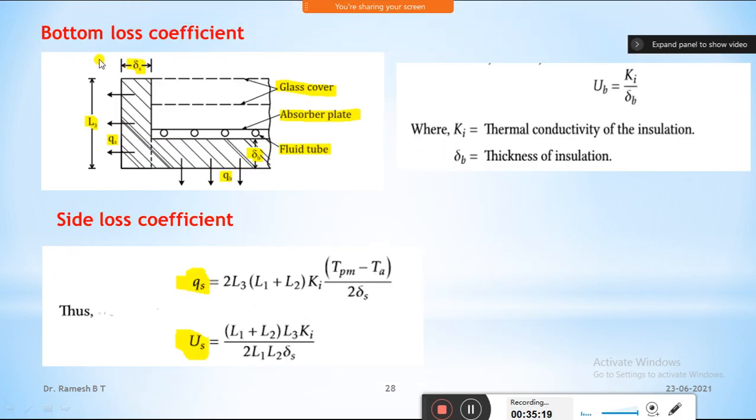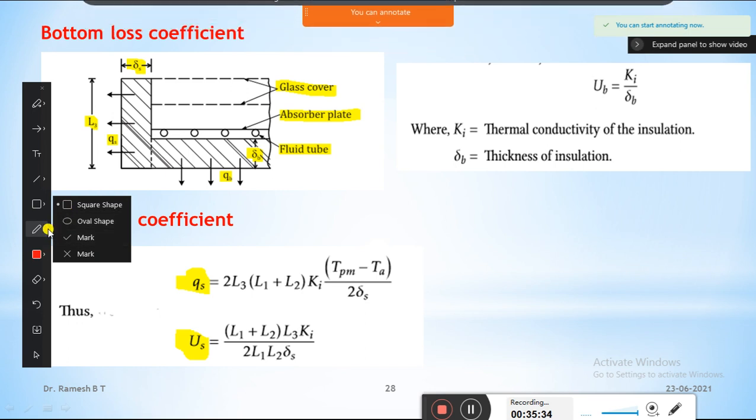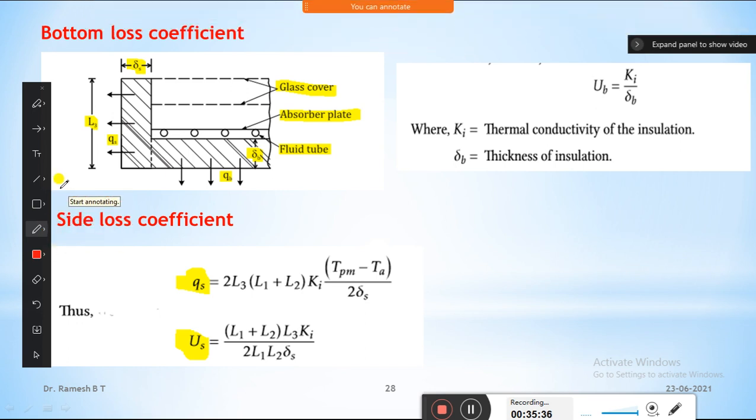And next is the bottom loss coefficient. Similarly to what we discussed for the top, the bottom loss coefficient is always considered with respect to conduction. There is conduction and convection, but no re-radiation, only conduction.